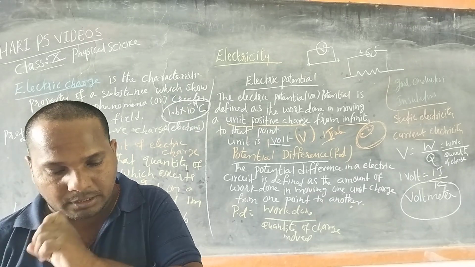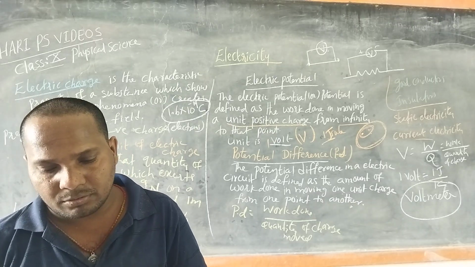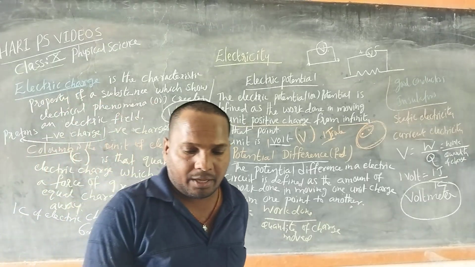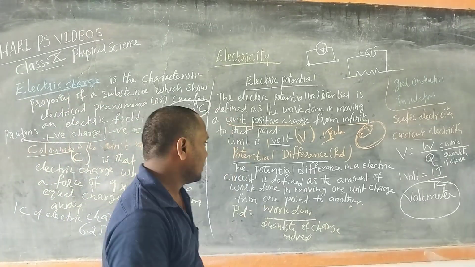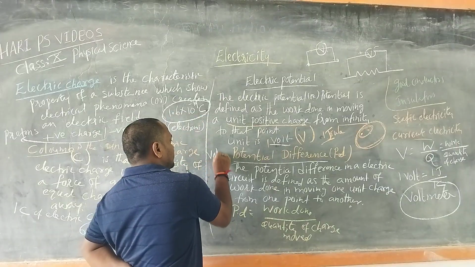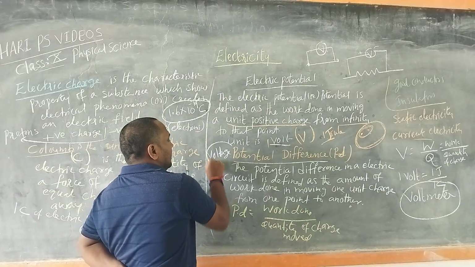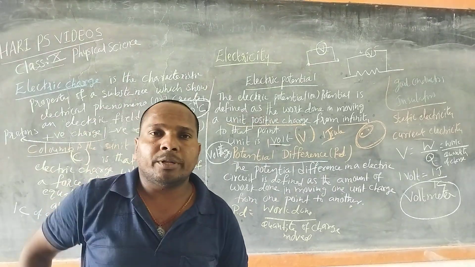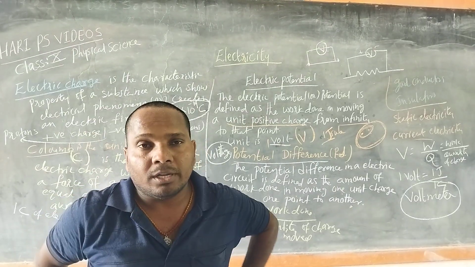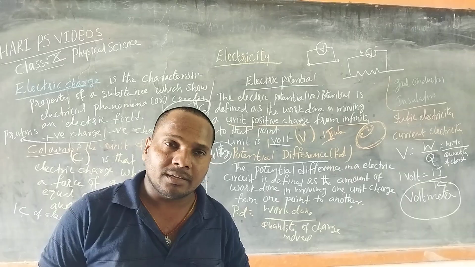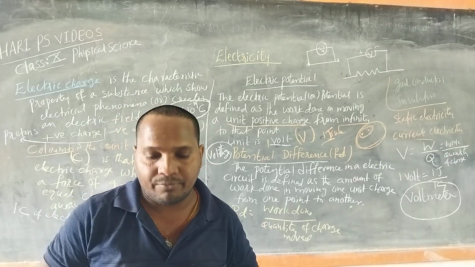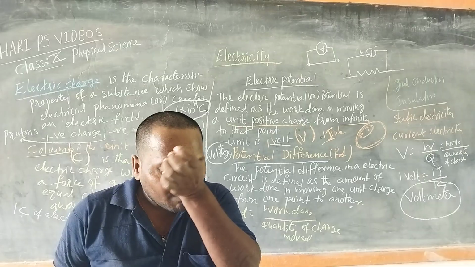So the term volt gives rise to the word voltage. Voltage is another name for potential difference. High voltage current, low voltage current, these words are used in our day-to-day life. Right?